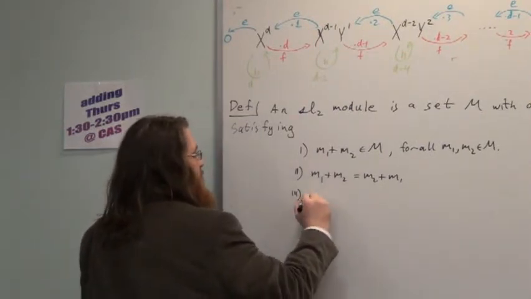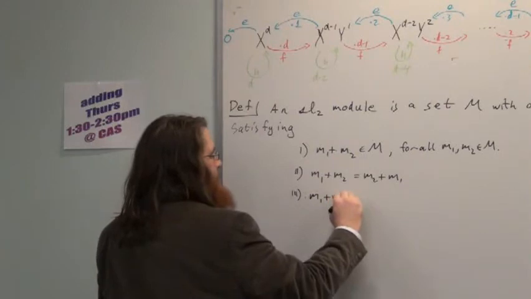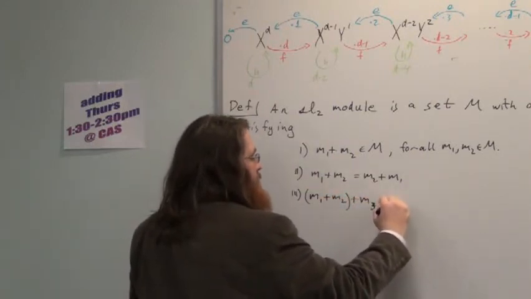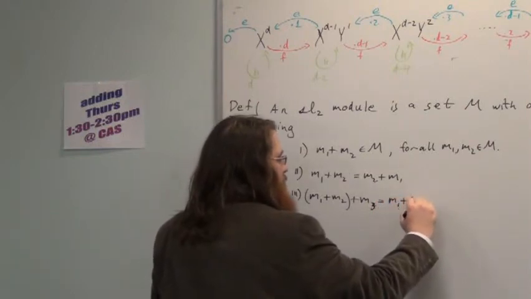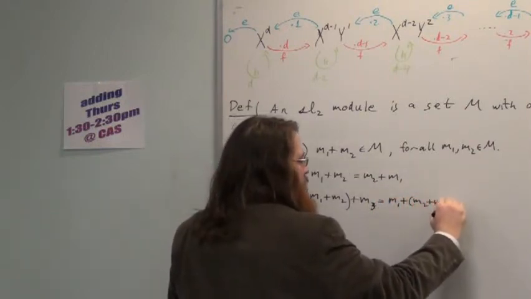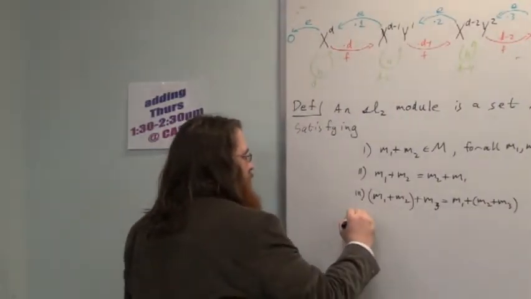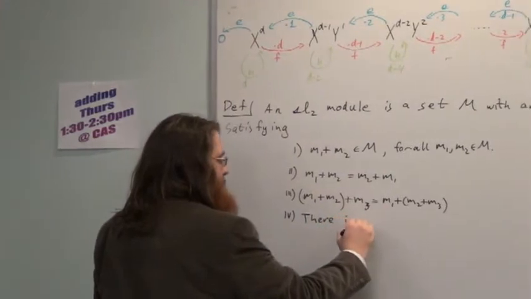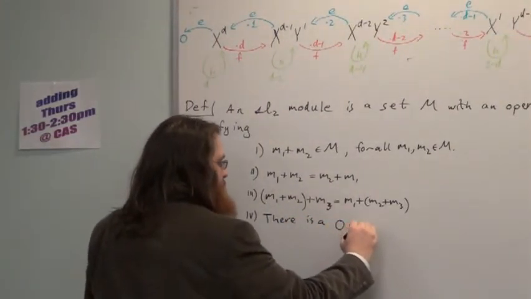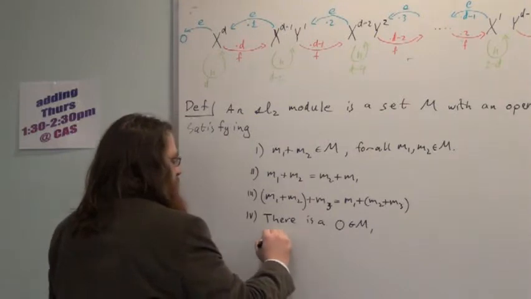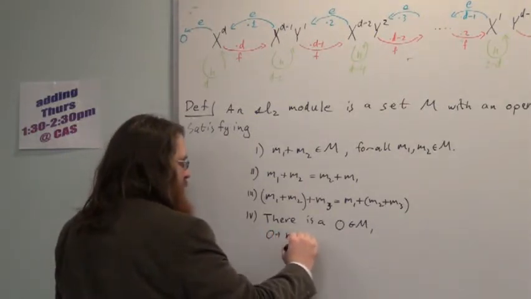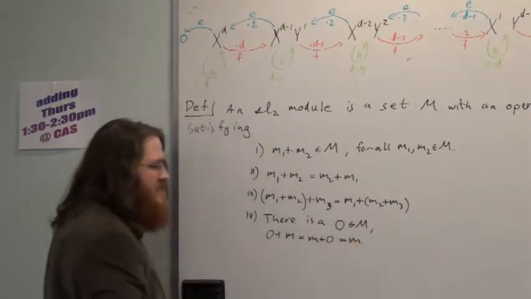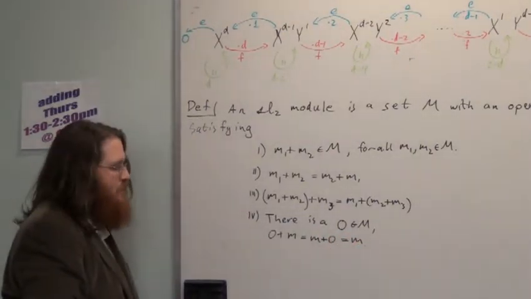Addition is also associative, so how I group things doesn't matter. There has to be a 0, and it behaves just like you expect 0 to behave: add 0 to something and you get that something.